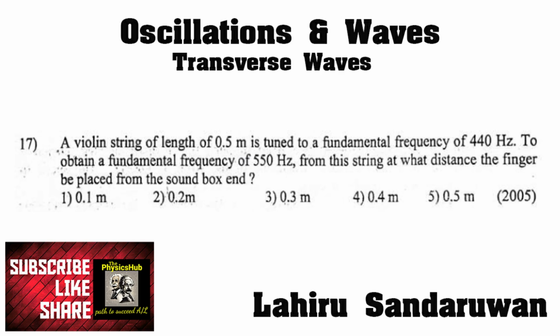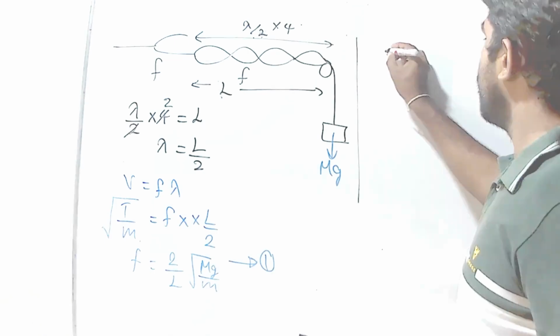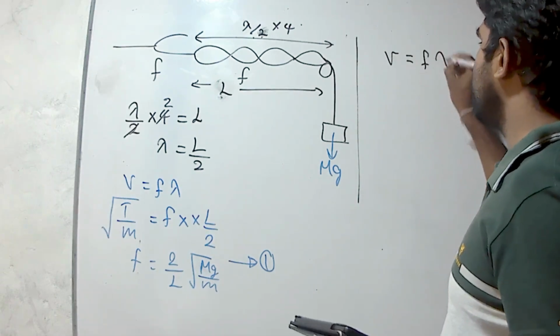A violin string of length 0.5 meters is tuned to a fundamental frequency of 440 Hz. To obtain a fundamental frequency of 550 Hz from the string, at what distance is finger B from the sound box end? We can use V equals f lambda.